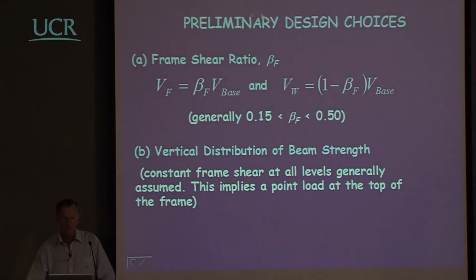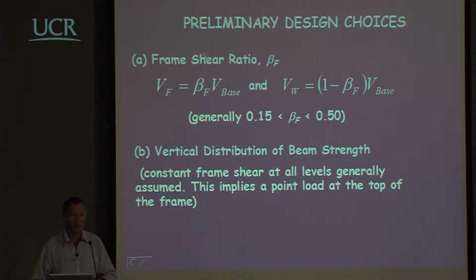Well, the preliminary design choices, again: we have an incompatibility in terms of the yield displacements of the systems themselves. The frame will tend to have much larger yield displacements than the wall, and as a consequence, the wall tends to enter into the inelastic region of response earlier than the frames do.